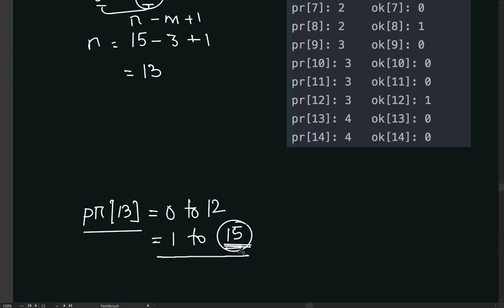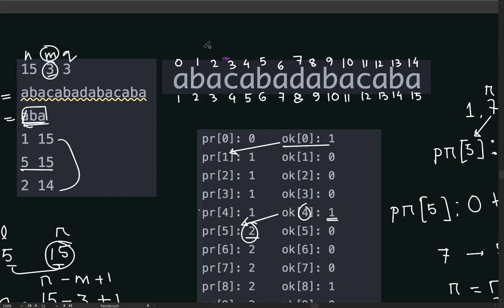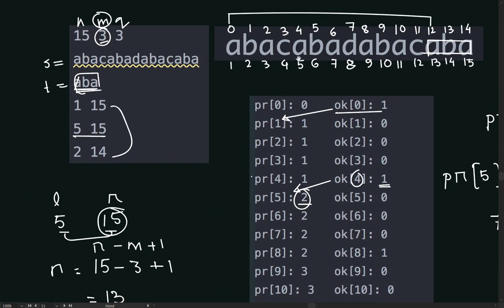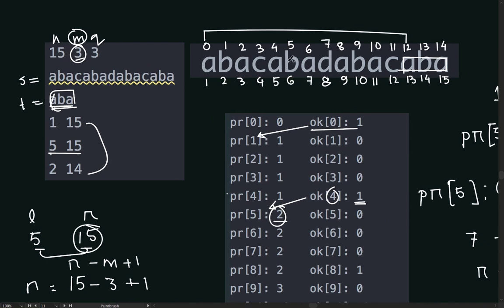Now this line is not important, we are more interested in this line. If we look at the diagram, we start from 0 and end at 12. So this is the last string that we are going to check. But the problem is we just want to start from 5 and end at 15. So we want to start from this index, because 5 is a one-based index.